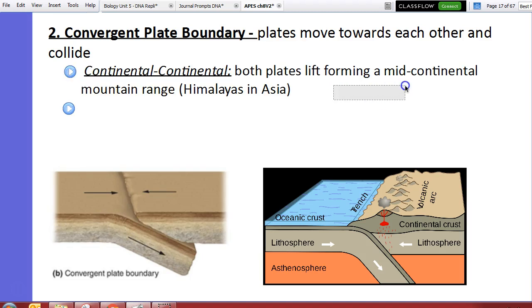And both plates are going to end up lifting, and it typically forms a mountain range in the middle of the continent. This is where you see mountain ranges that aren't by any kind of coast, they're just in the middle.